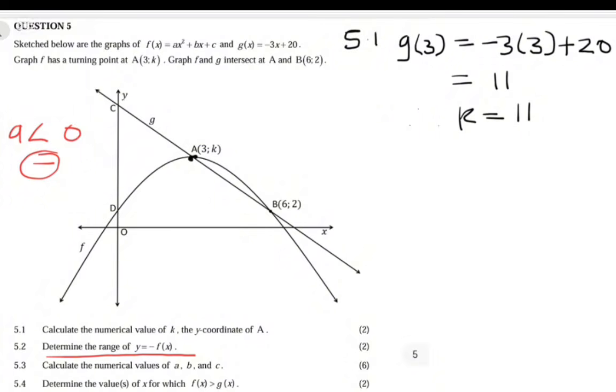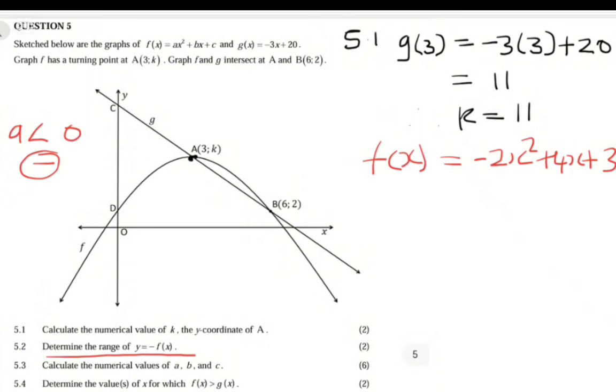So they say now we have to look for the range, if y is equals to -f of x, like this, negative. Let's say f of x was, for example, negative 2x squared plus 4x plus 3. I'm just giving an example.